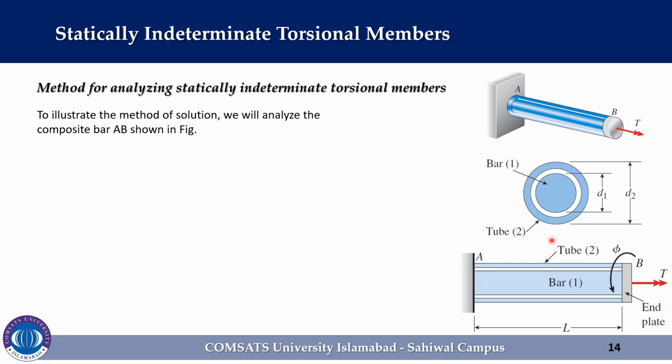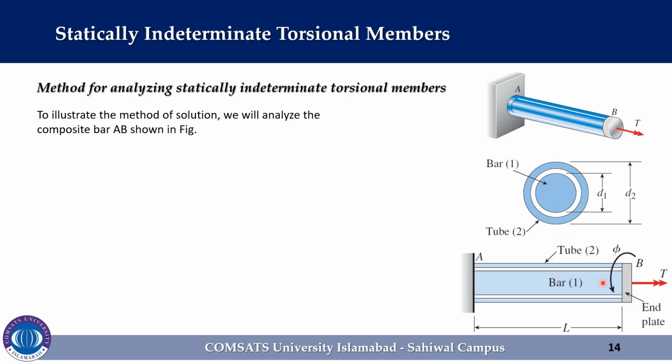For instance, the diameter of the solid bar is denoted by the symbol D1 and the outer diameter of the tube is denoted D2. A small gap exists between the bar and the tube, and therefore the inner diameter of the tube is slightly larger than the diameter D1 of the bar.